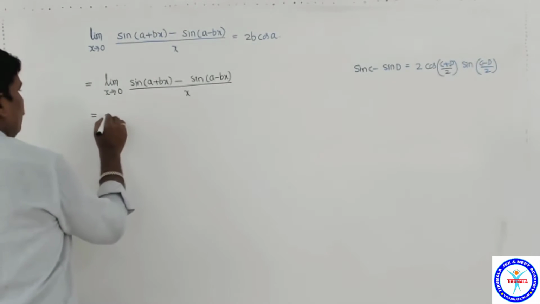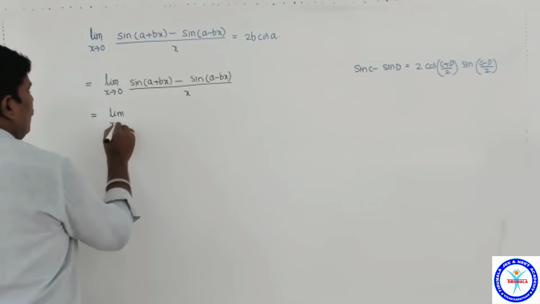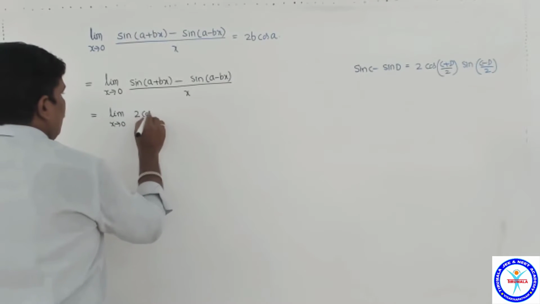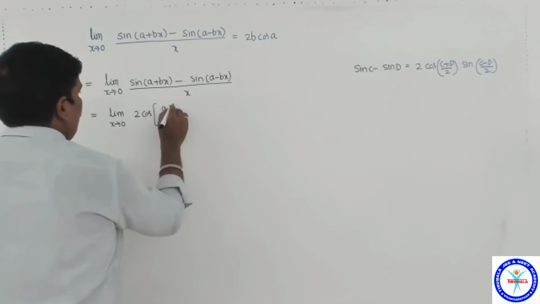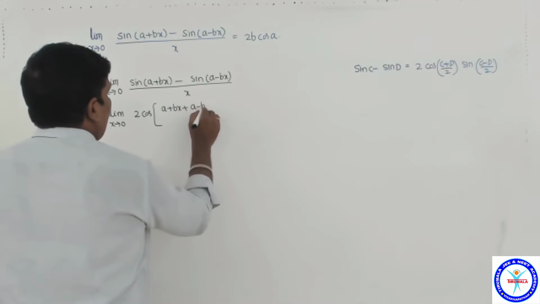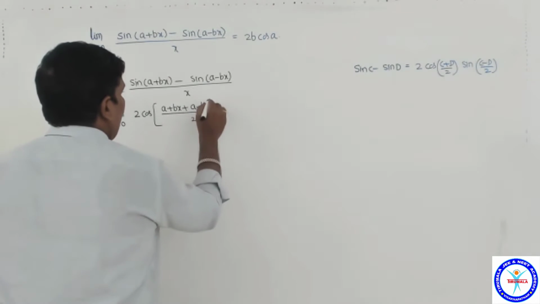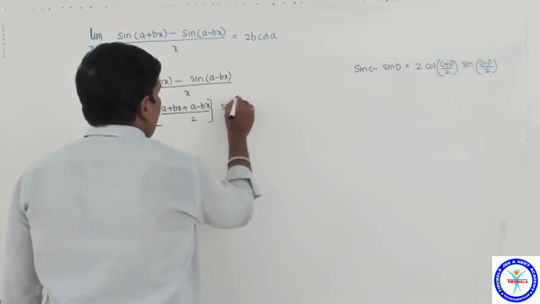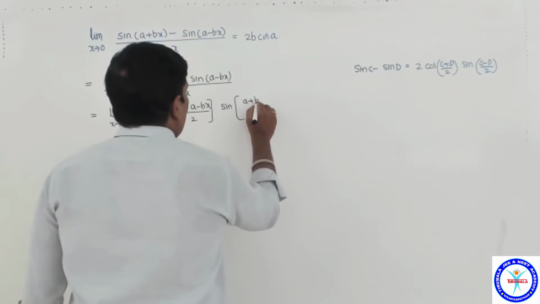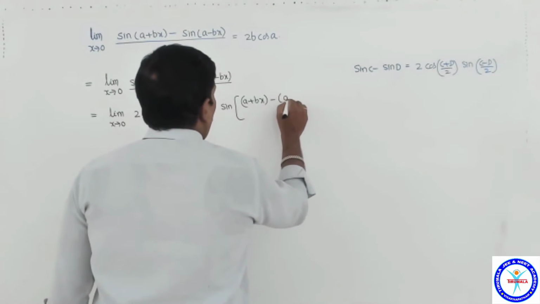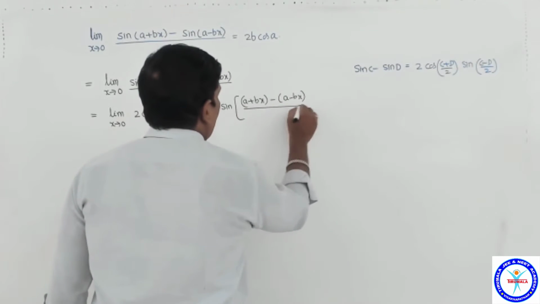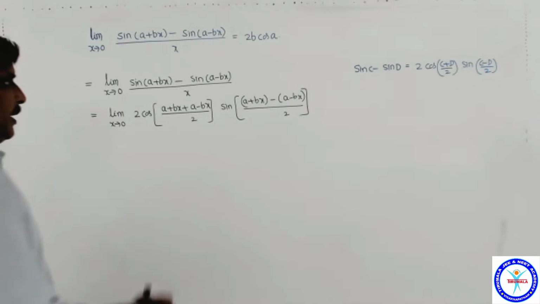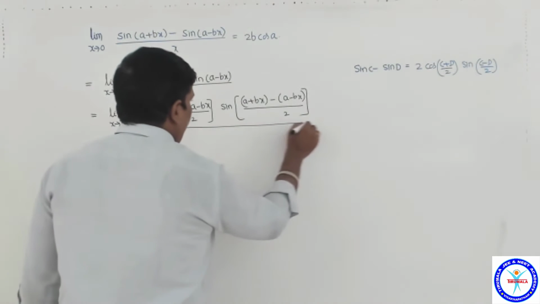Now this is equal to limit x tends to 0, 2 cos of ((a plus bx) plus (a minus bx))/2 into sin of ((a plus bx) minus (a minus bx))/2 divided by x.